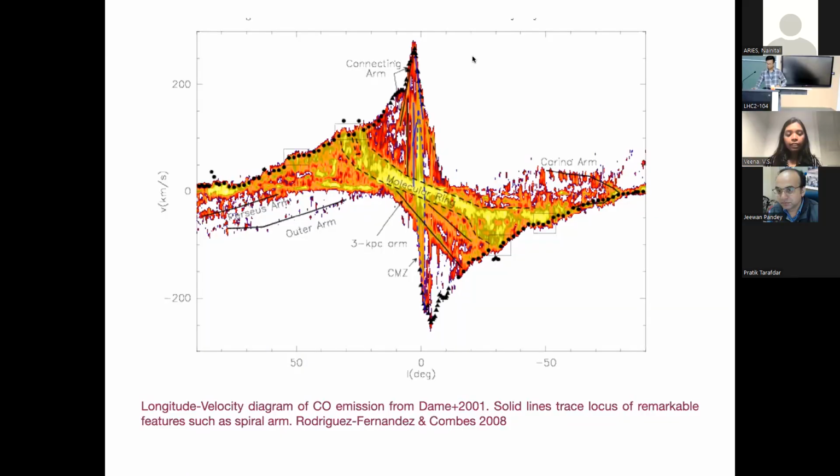People have tried this technique because for the spectral lines, we have the velocity information. And we know that along the different spiral arms, the gas moves at slightly different velocities. So if we plot the position of these clouds in the galaxy, for example, at the galactic longitude, versus their corresponding velocity information, you get structures like these.